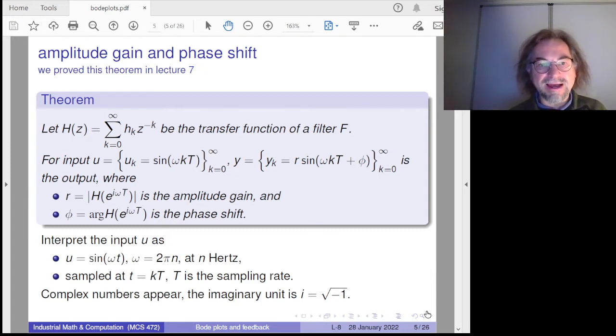We call that the amplitude gain, and there is also a phase shift. And as the transfer function is defining the filter, we can read off the gain from the transfer function, and also the phase shift can be gotten from the transfer function.